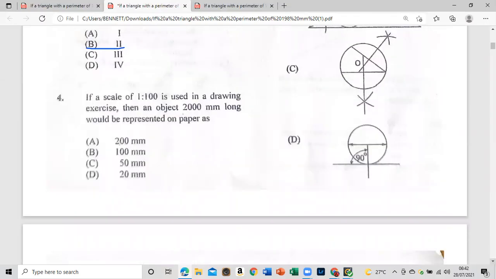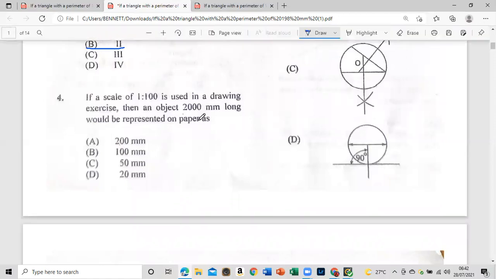All right. If a scale of 1 to 100 is used in a drawing exercise, then an object 2000 millimeters long would be represented on paper as... all we have to do is divide 2000 by 100, right?